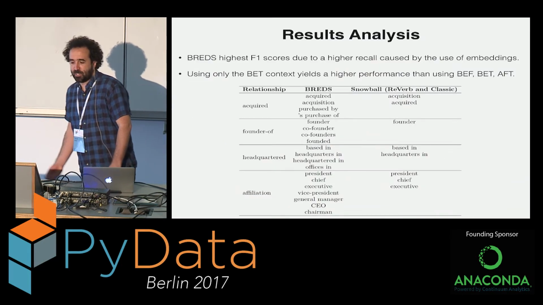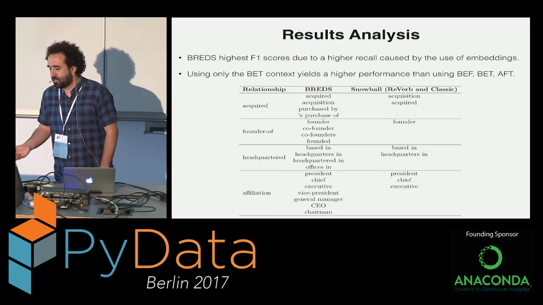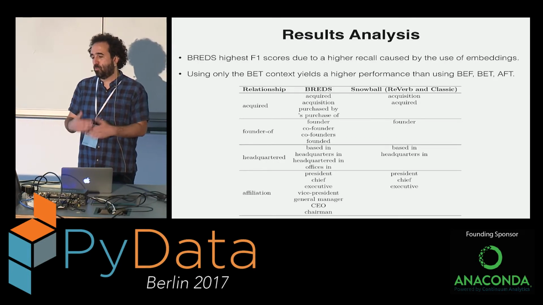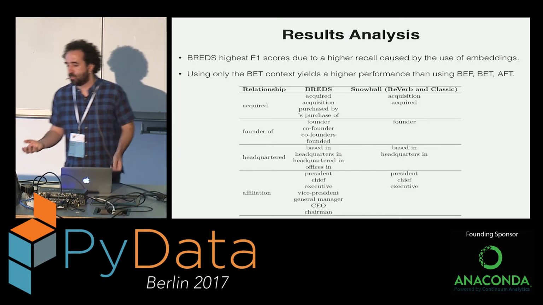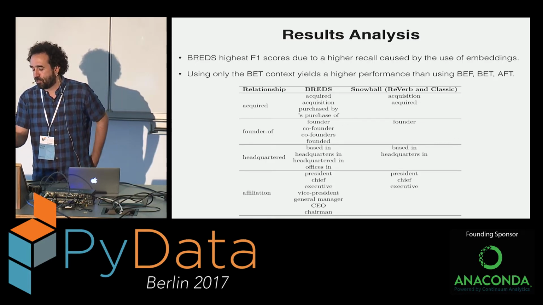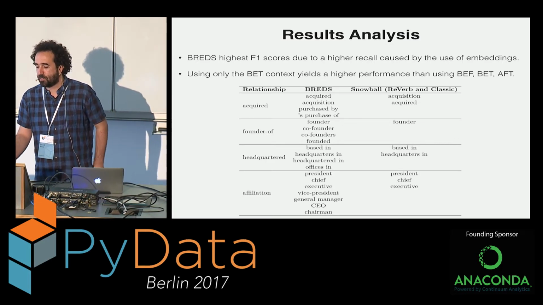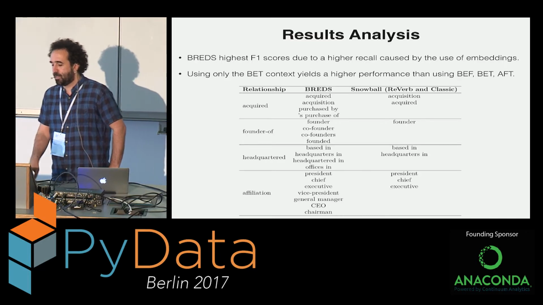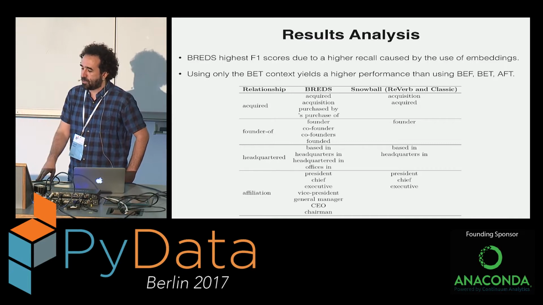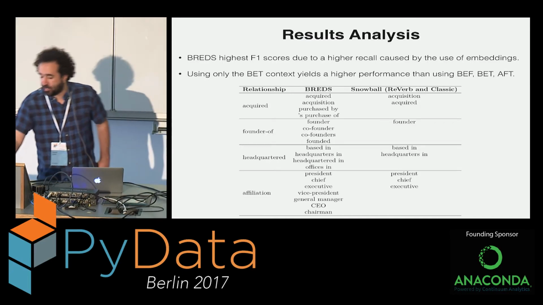What happens, as I expected, is due to the way the embeddings work. When you try to find similarities between words, you can expand to more words. For instance, BREDS could expand the vocabulary for the acquired relationship to acquired, acquisition, purchased by, purchase of. The founders vocabulary also expanded, and especially affiliation.